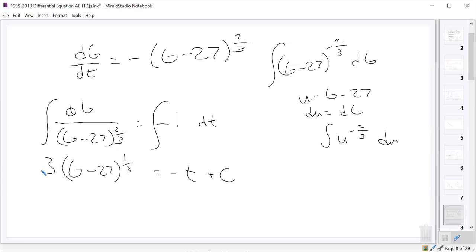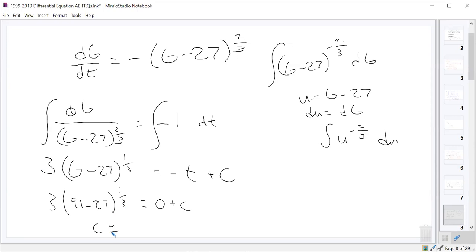Find the c, right? Find the c given our initial condition that when t equals 0, the potato's temperature is 91. So 3 times 91 minus 27 to the 1/3. Already did that at 64 seconds. T was 0, so that's the 0 plus our constant. And what does that give us for our constant?